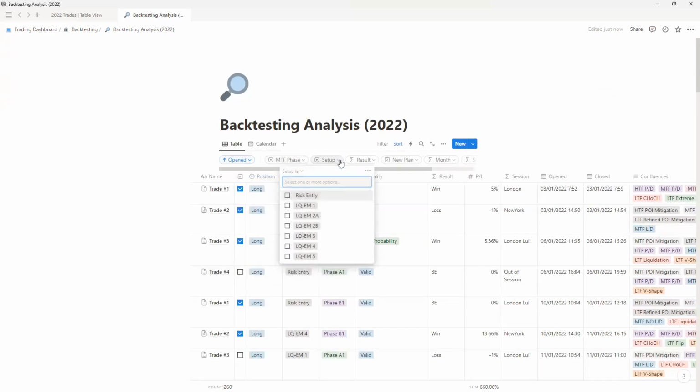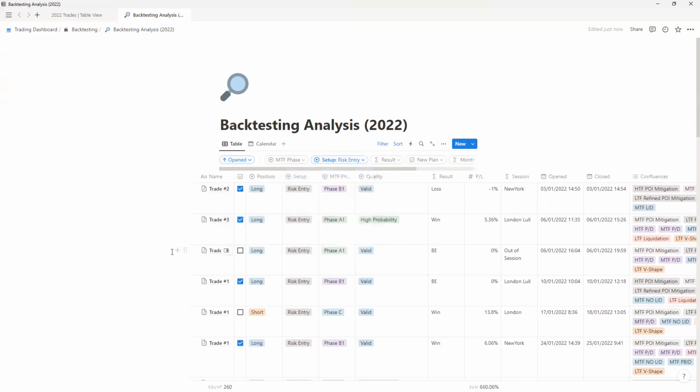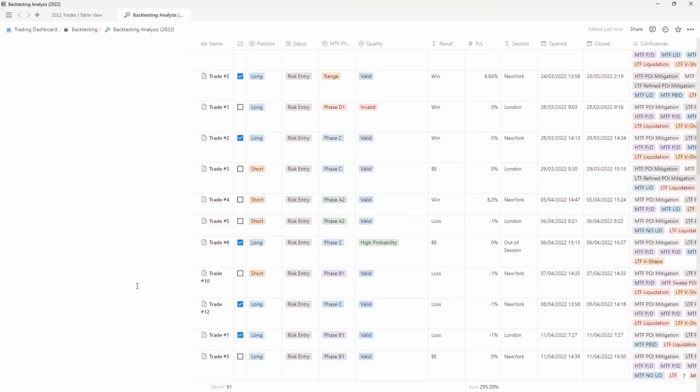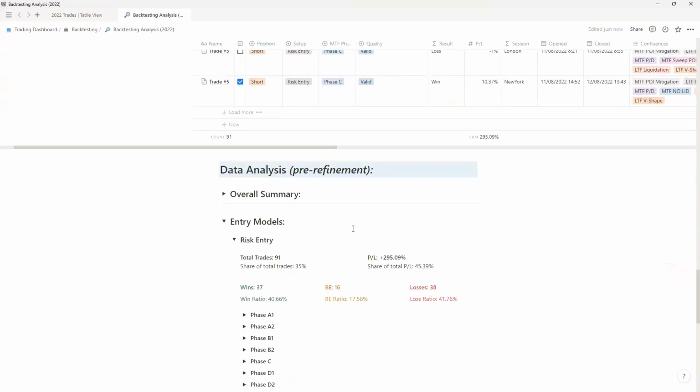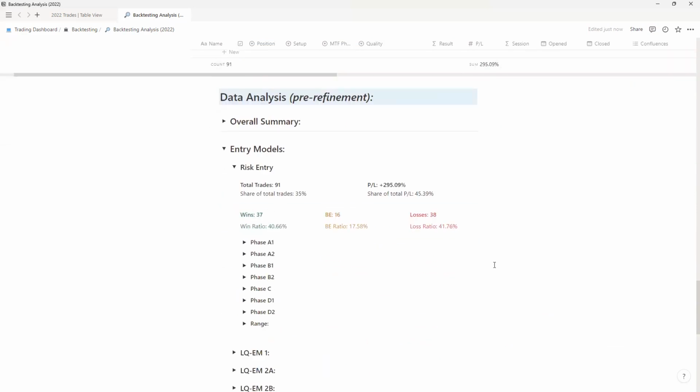Let's say we go into setup and we want our setup to be risk entry. All we've got to do is click that and then wait a few seconds because my Wi-Fi is a bit slow. But as you can see, we then have all of our risk entries in one area. Again, 91 trades, 295.09%.